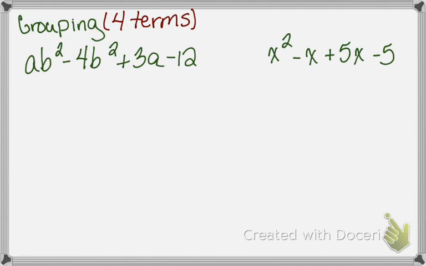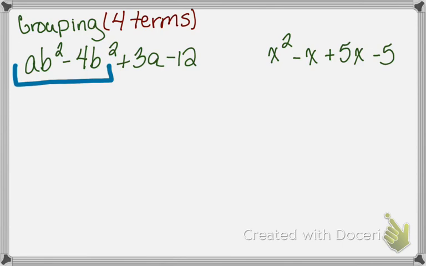Okay? Now, the way that I factor by grouping is going to be similar to factoring the GCF out. I am going to break it down into 2 sections. So I'm going to look at this first section right here. I have AB squared minus 4B squared. And I say to myself, what is common to both of those terms?